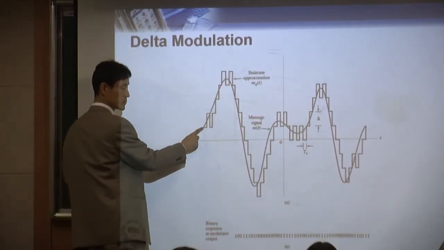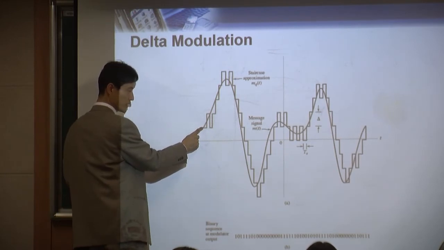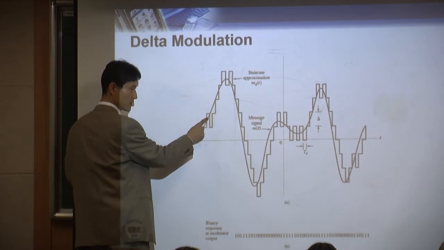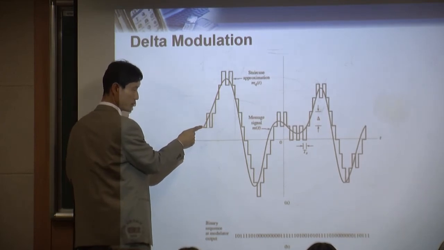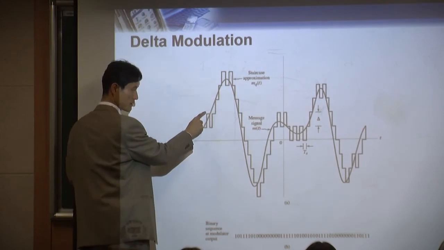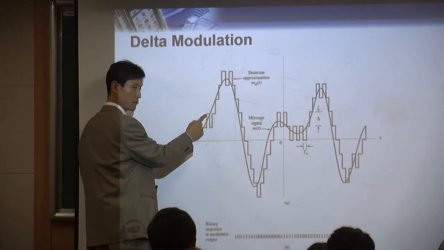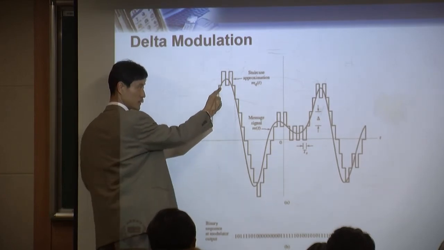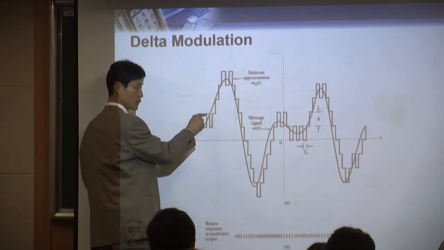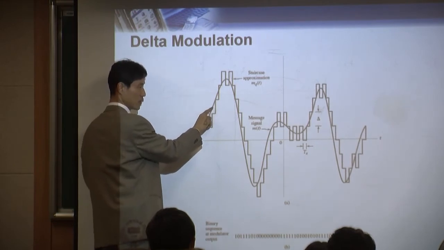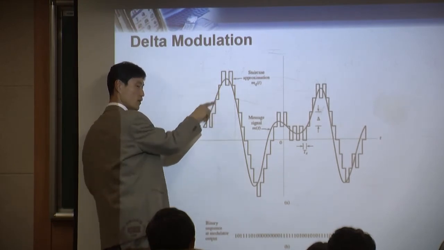So let's say we start from here. How to do that: your original input signal goes up, right? So on the next sample, we're going to choose up, so it goes up. Then on the next sample point, you compare the original signal and your current DM output. If the original goes up, then you can still go up.